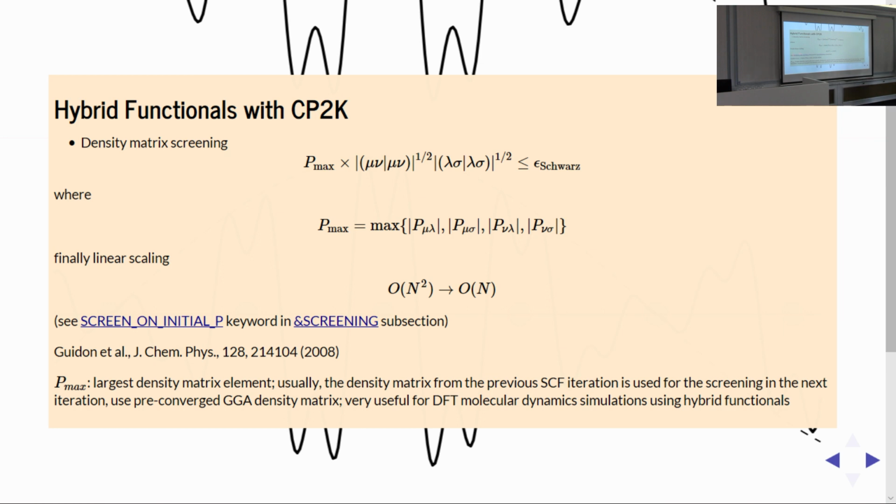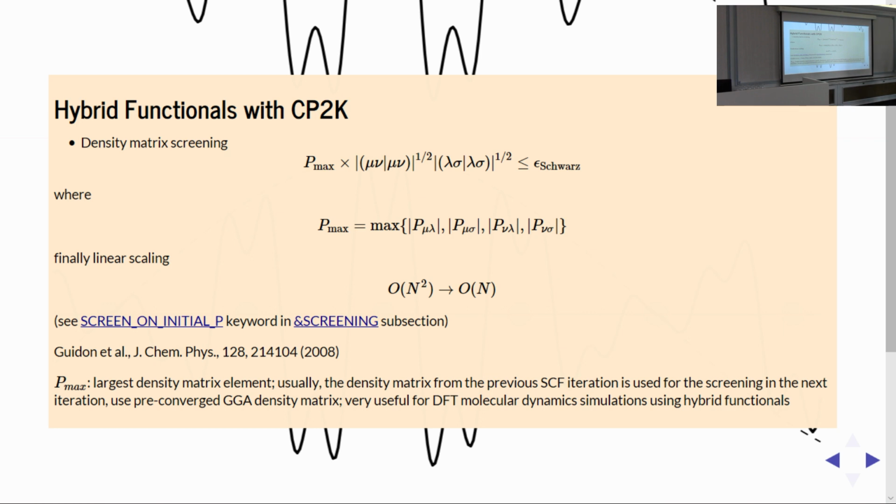So there's this screen on initial P keyword, and this is based on the density matrix at the start of the SCF calculation. This screening is very efficient as long as you've got a good guess at the density matrix when you start. If, however, your guess is very bad, you may have to redo this or abandon this screening.